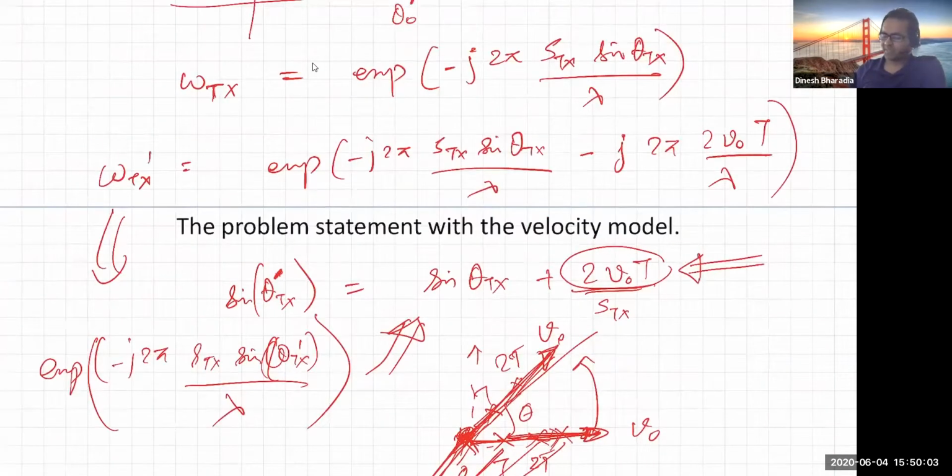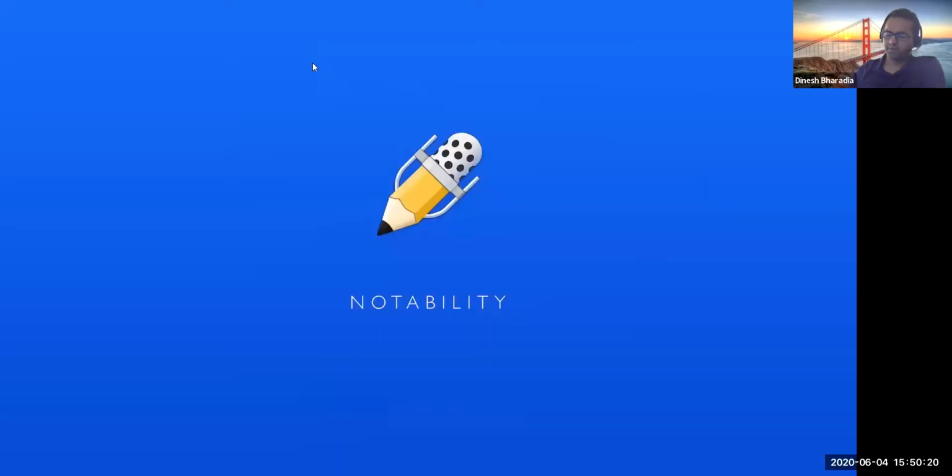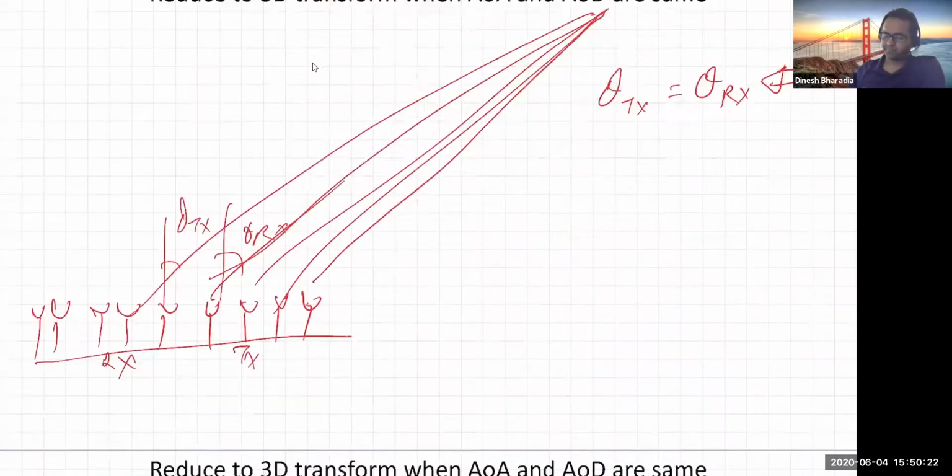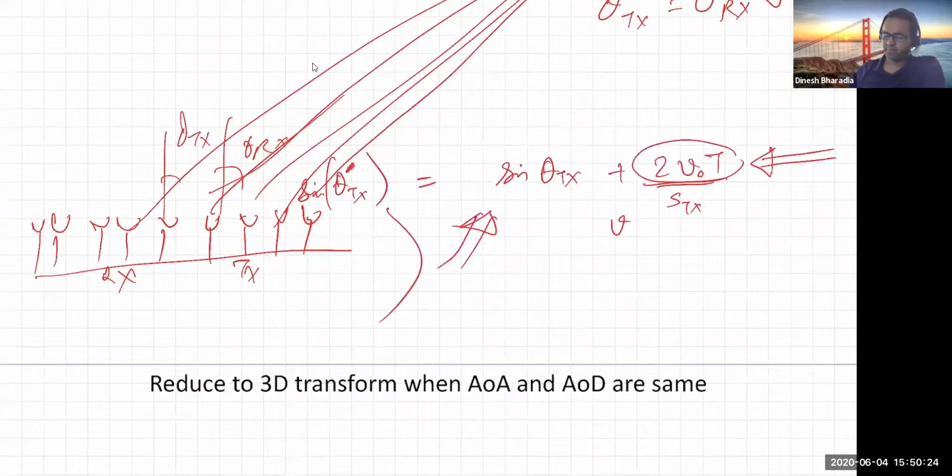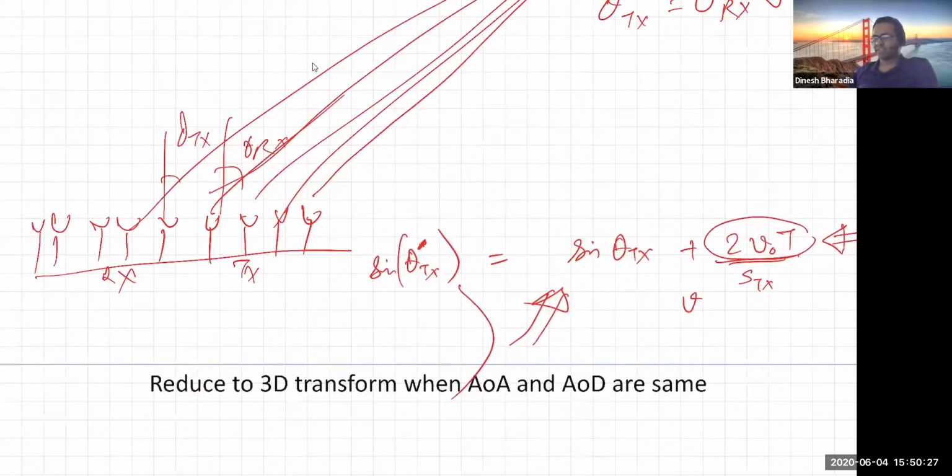That sine theta tx prime was a function of, this is your ambiguity function, right? Everyone agree with me here, or following me here at least?